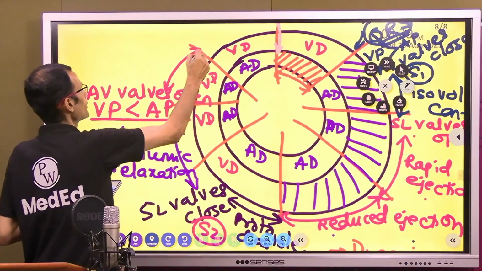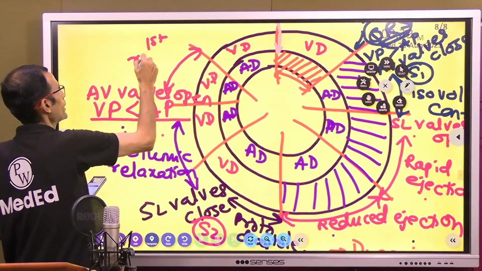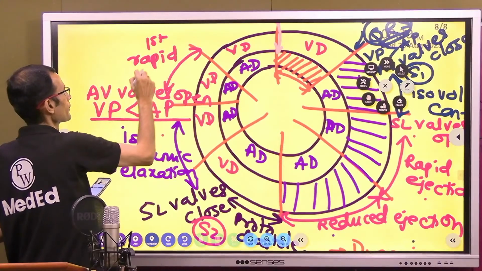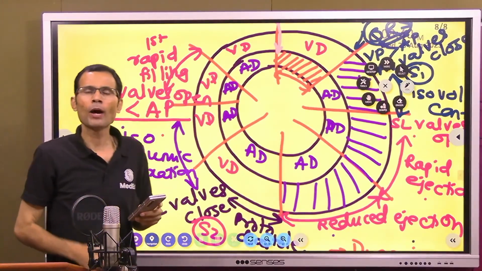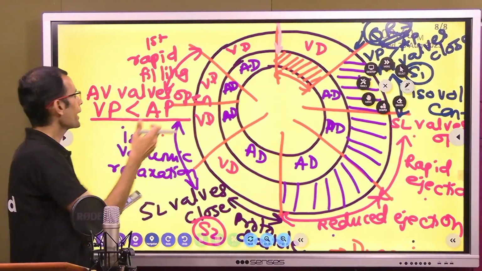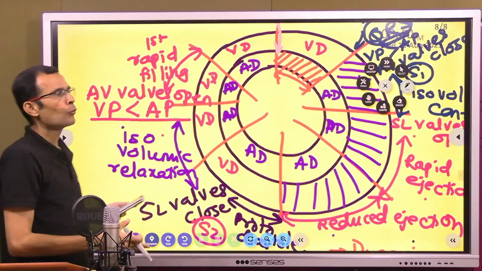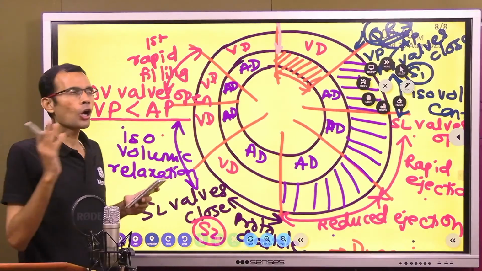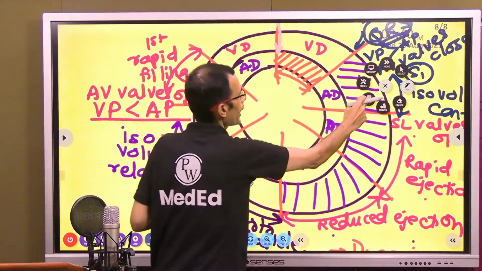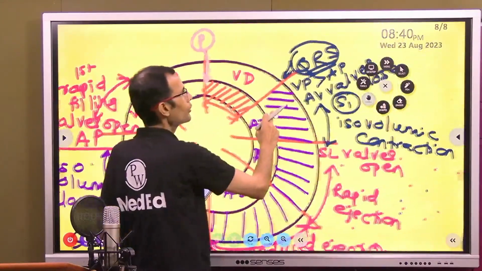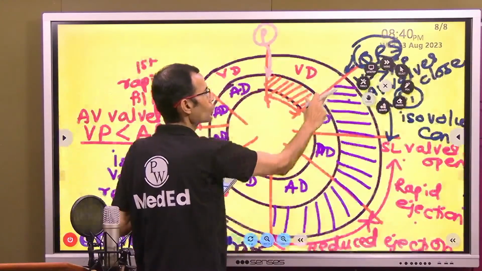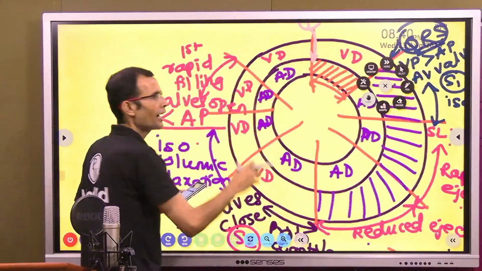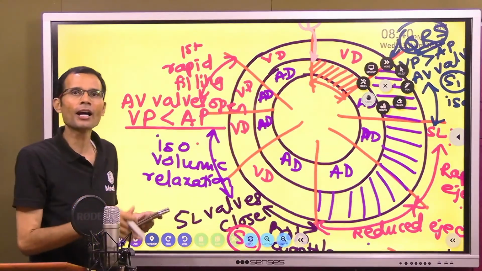Now, first, there will be a first rapid filling. Why rapid? Because the AV valves were closed for such a long time. They closed at the start of the systole over here, and ever since then they were closed. So blood came and accumulated in the atria.